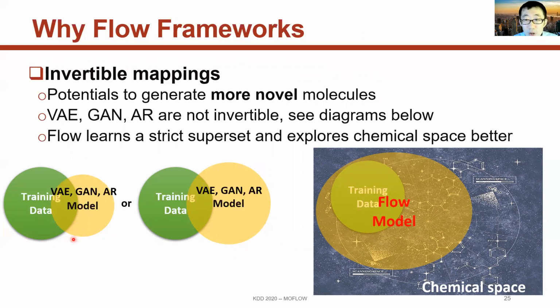They can only reproduce part of the training data, and they can also generate novel molecules to different extents. In contrast, flow models can reproduce all the training data by invertible mapping and generate more novel molecules, which means flow learns a strict superset of the training data space and explores chemical space further and better.